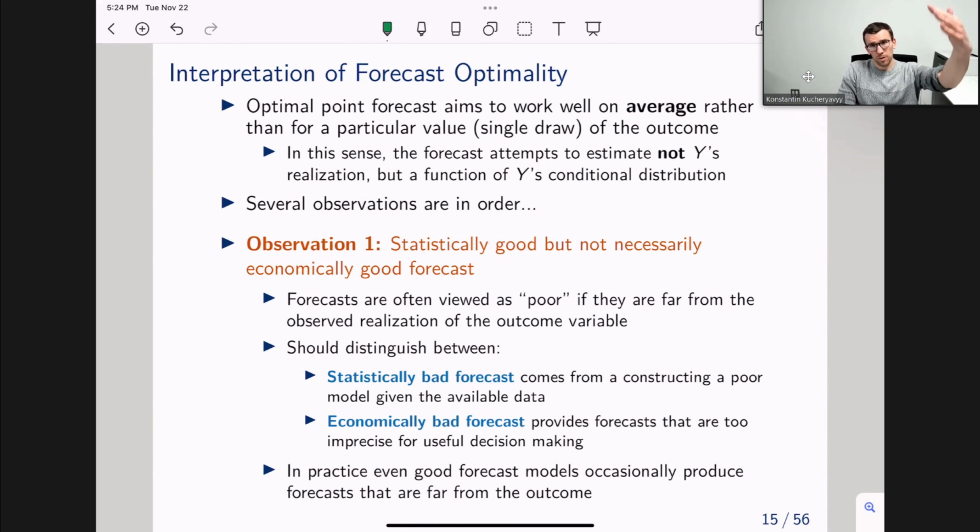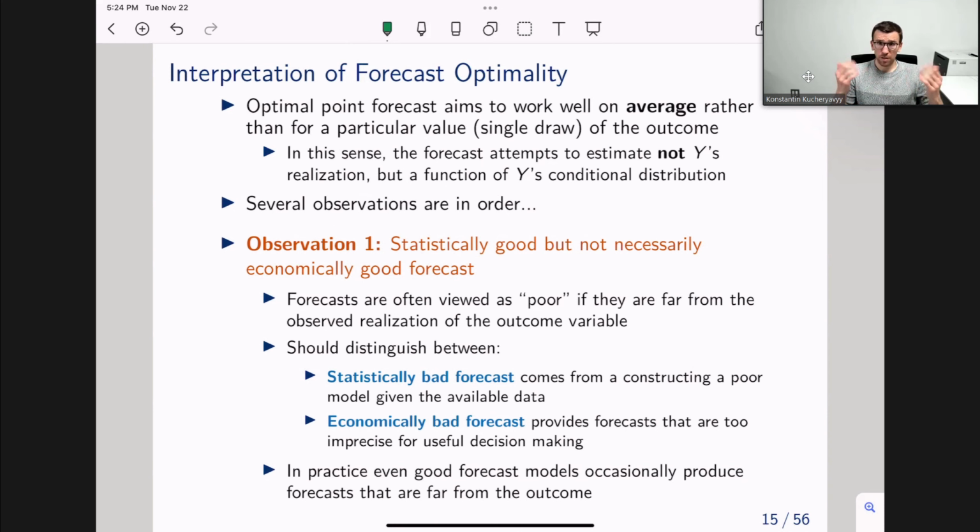But sometimes they produce a bad forecast, because it can just realize that way. So I think practical forecasting is a fine balance between producing statistically good forecasts and economically good forecasts.